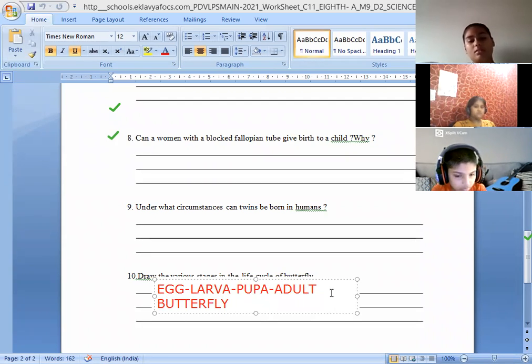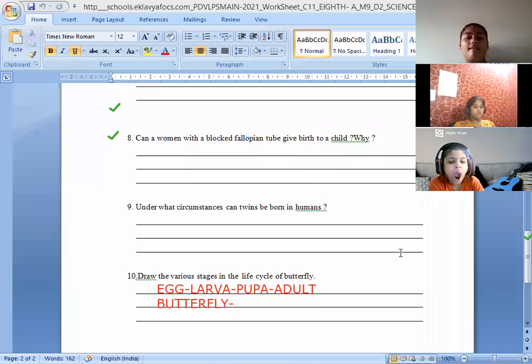Okay. So these are the stages. This is the life cycle of a butterfly. Okay. So children, this is the worksheet of chapter number 9 that we have revised today.